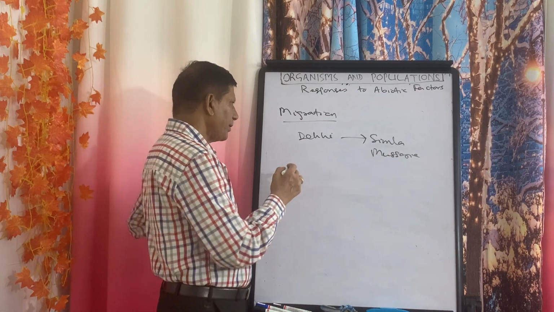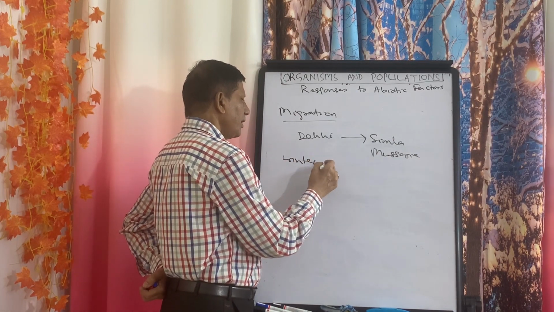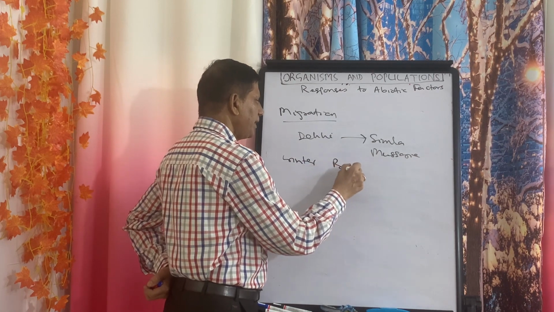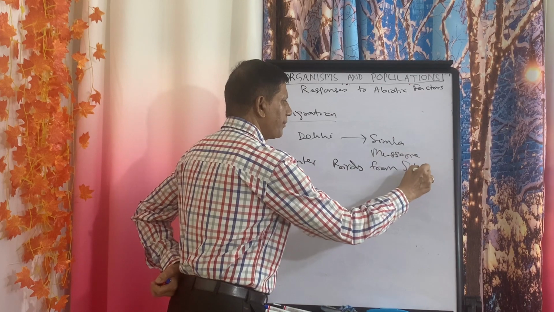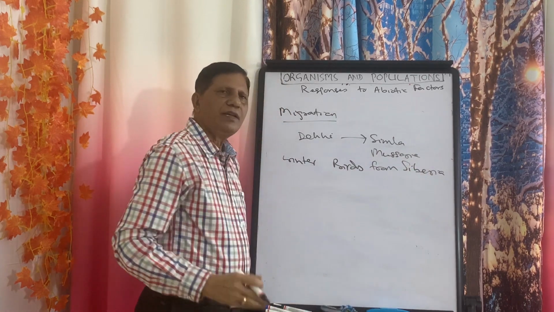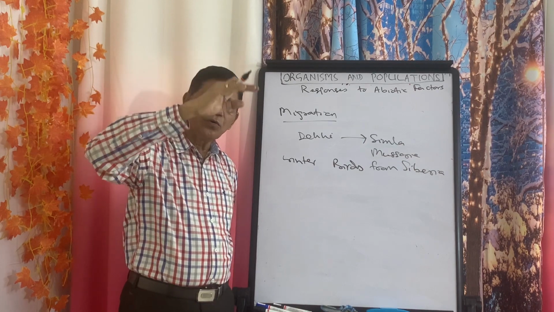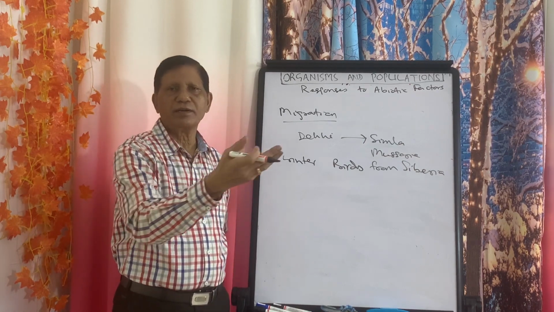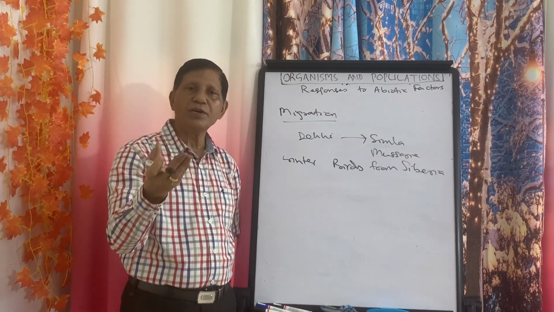This is known as migration. Similarly, if you mark during winter, the birds from Siberia fly long distances from Siberia to the national park in Rajasthan and to Chilika Lake in Odisha.